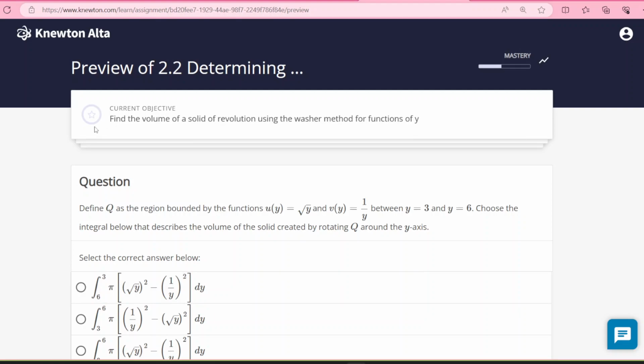So now we're on a different objective, but it's still the washer method. But this time, instead of revolving around some horizontal line, we're going to revolve around some vertical line. And then our slices, our little thin rectangles, when we make cuts or slices, will be horizontal, one that slices perpendicular to the line of rotation.